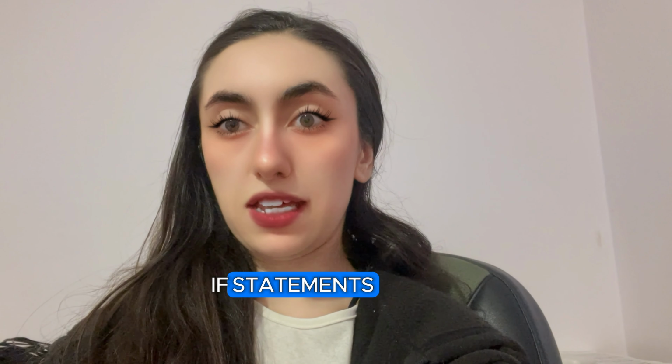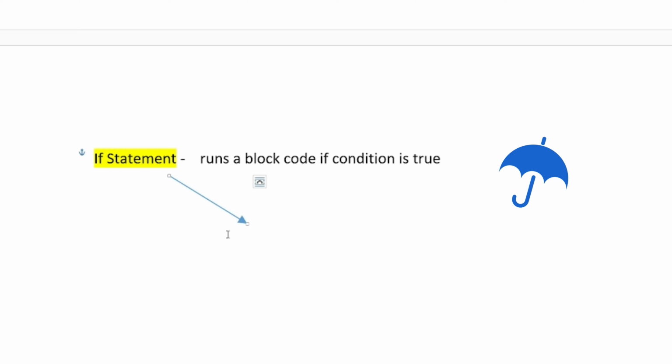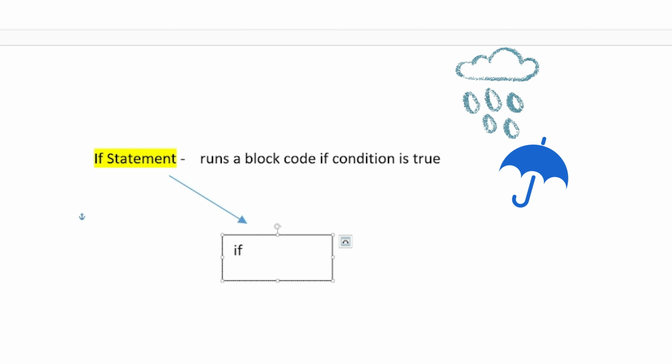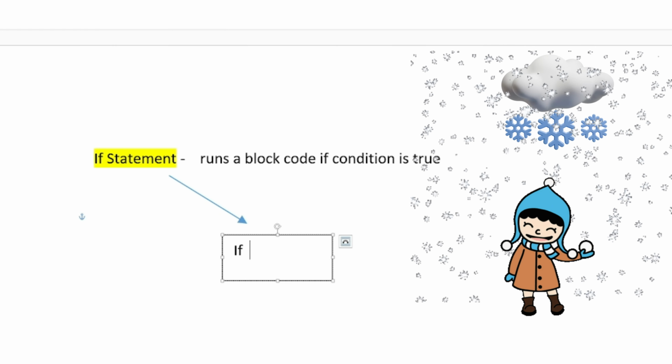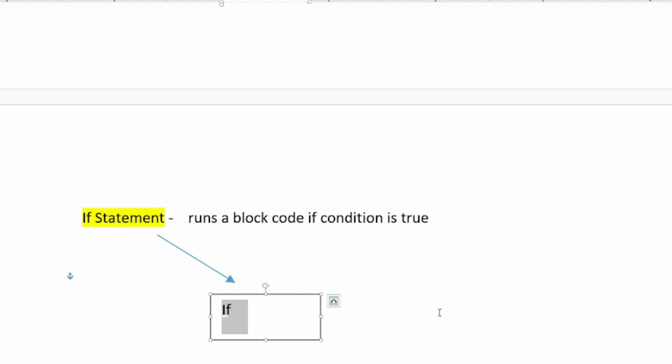Let's learn if statements. What is an if statement? An if statement runs a block of code if a condition is true. Let's bring examples from real life, like using an umbrella if it's raining. You take an umbrella if it's raining. You wear a coat when it's cold. An if statement we usually write with if.